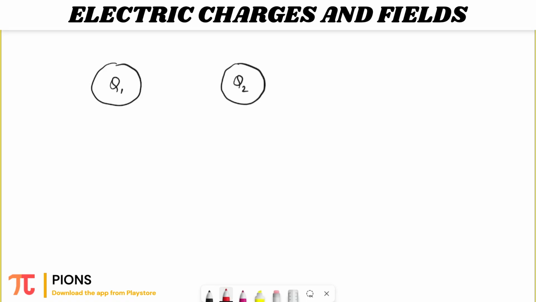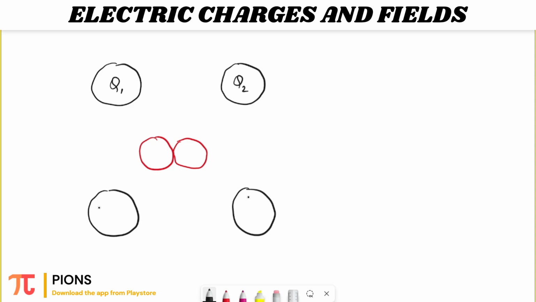If you are taking two charges q1 and q2, and you touch them, something happens between both, and when you separate them again, the total charge on the first object will become (q1 plus q2) whole divided by 2, and here also (q1 plus q2) whole divided by 2.